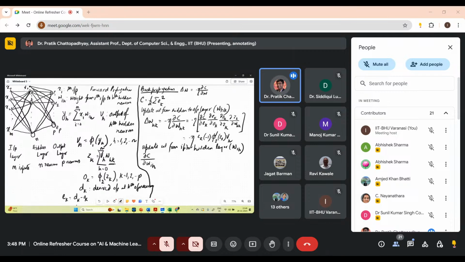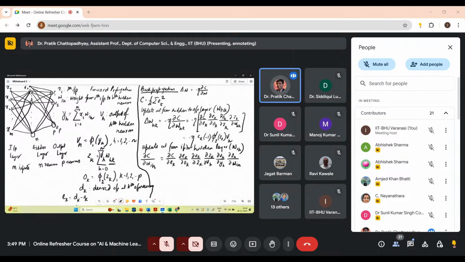So for del C del WIH, again we will go backwards. Del EK is related to OK, OK is related to ZK, ZK is related to VH, VH is related to YH, and YH is related to WIH.